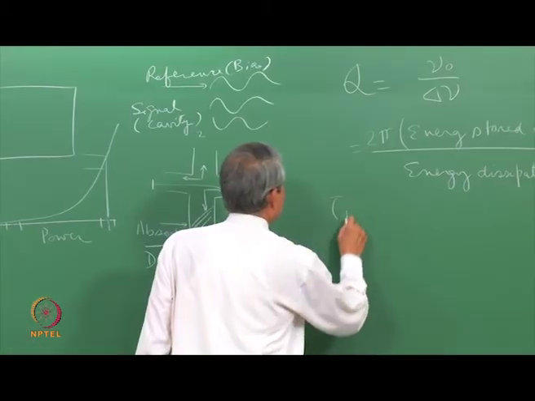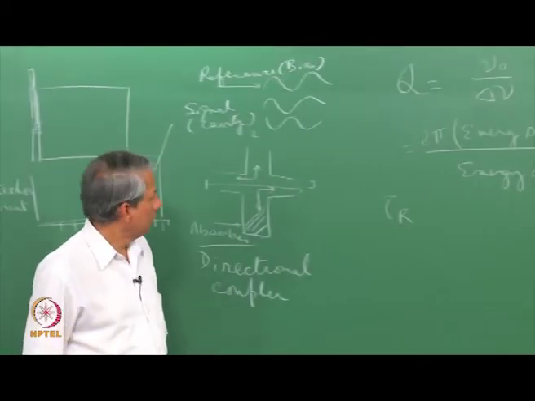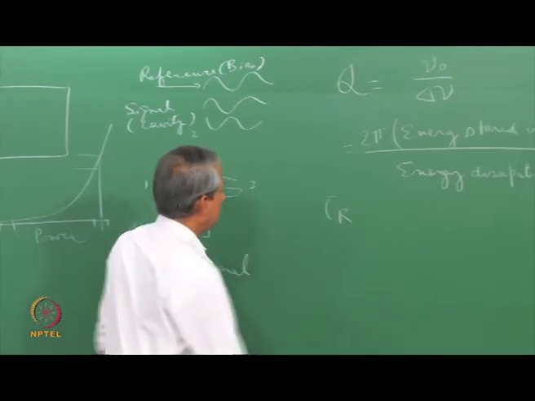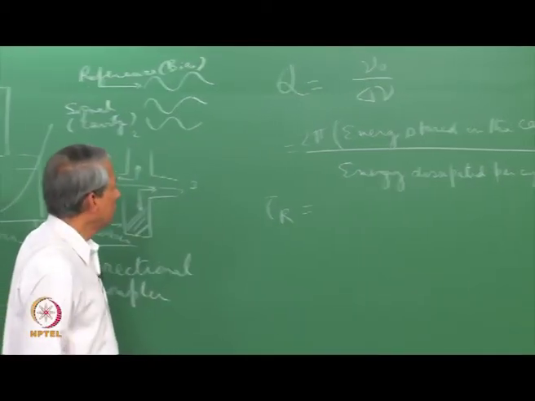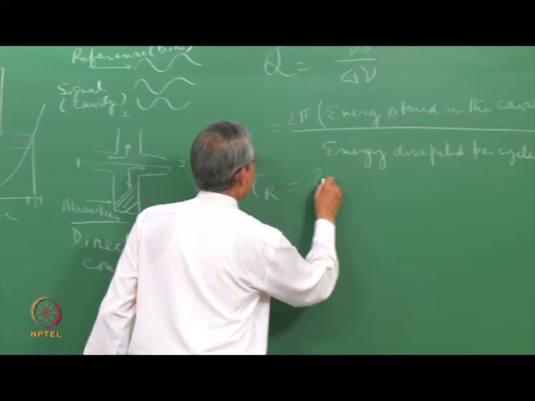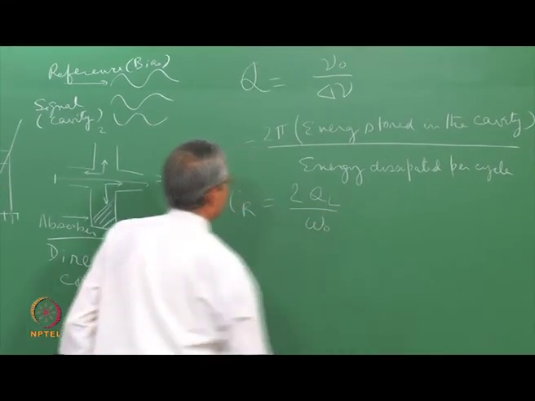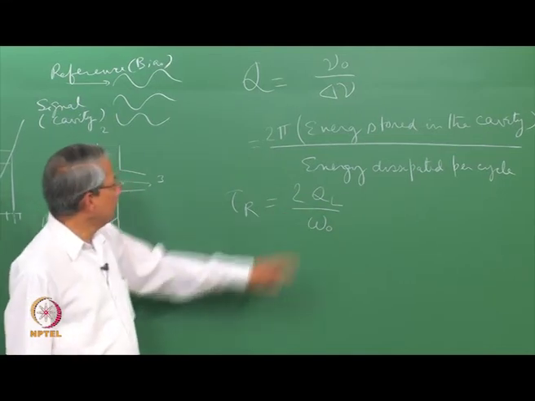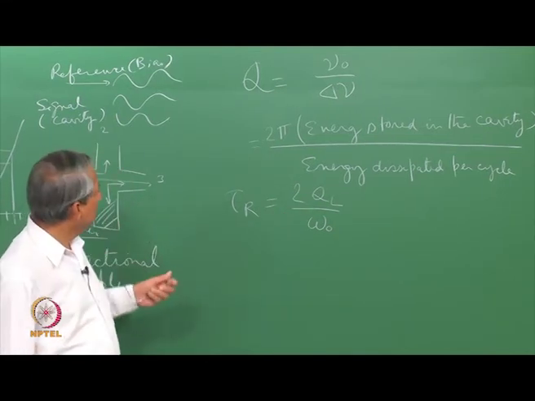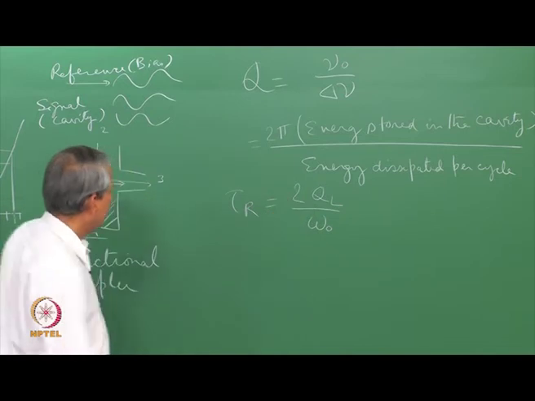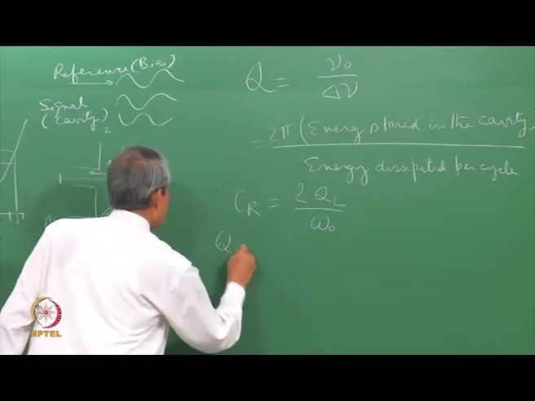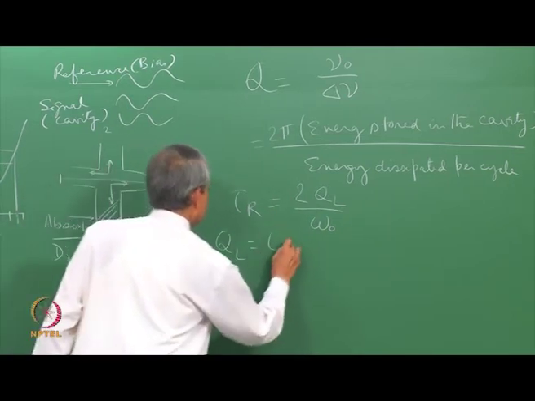So, if we say the response time of the spectrometer is tau r, the relation is given by 2 times Q L by omega 0. This Q L is called the loaded Q of the cavity. Now, loaded Q is a term we have not used so far.